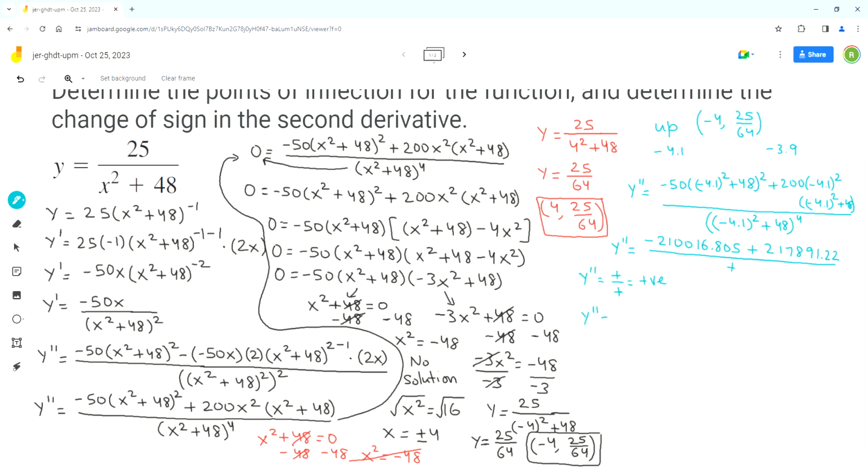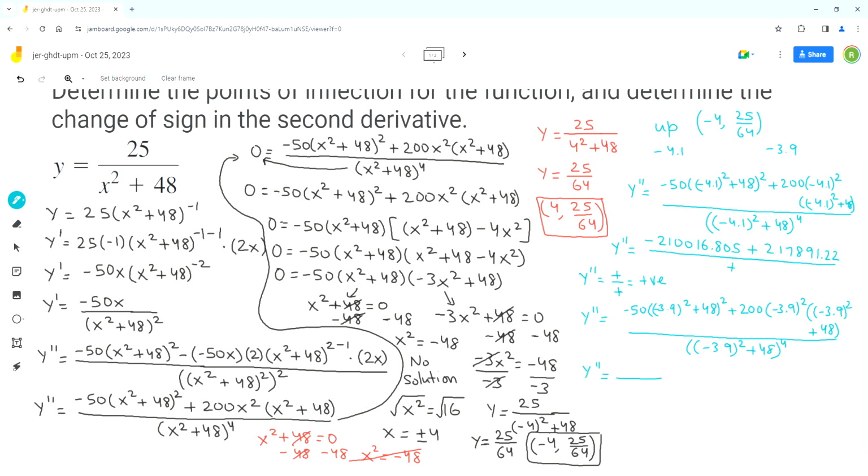So y double prime is negative 50 times negative 3.9 squared plus 48 squared, plus 200 times negative 3.9 squared times negative 3.9 squared plus 48, over negative 3.9 squared plus 48 and then exponent 4. So the denominator will be a positive value.